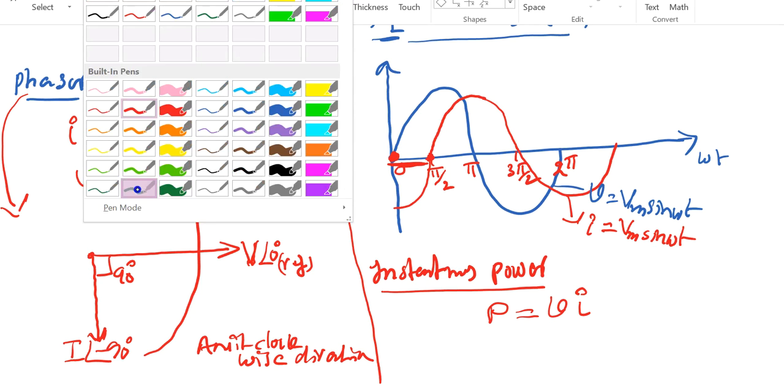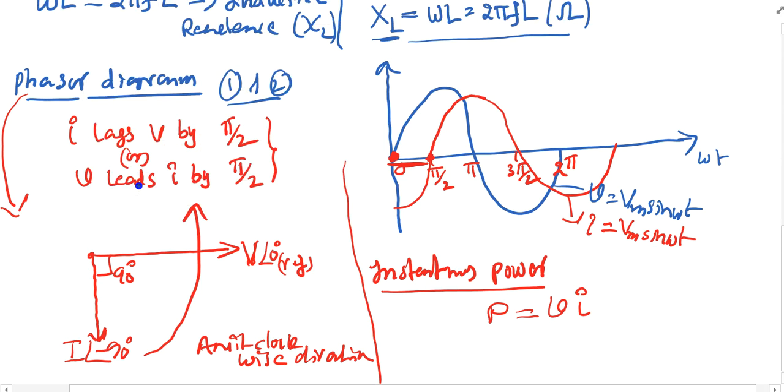Now if you do the product between the voltage waveform and your current waveform, then obviously if any quantity is coming negative, this positive into the negative is going to give us a negative power. And if you multiply these two, both are positive up to this point.